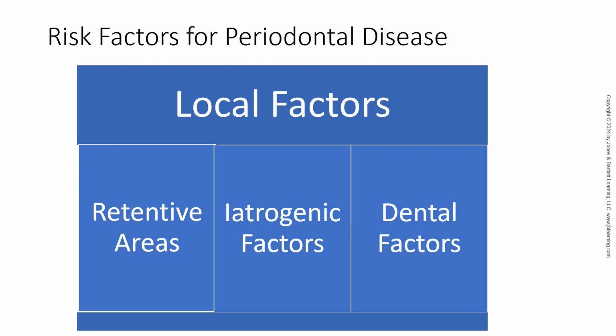Then you have dental factors, which also can contribute to that, such as oral habits, which can contribute to retention, such as lack of brushing and flossing or poor home care.